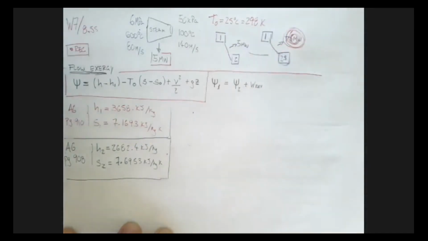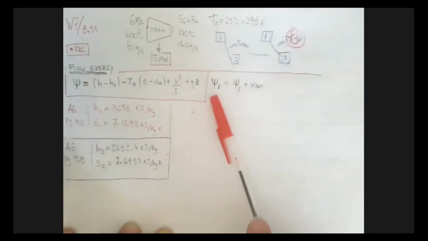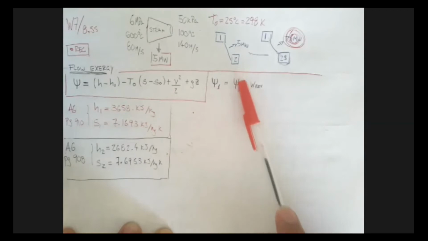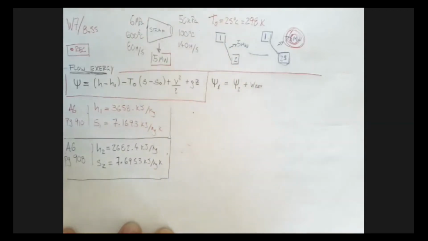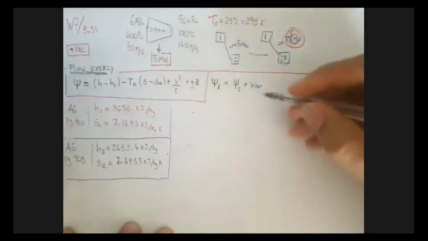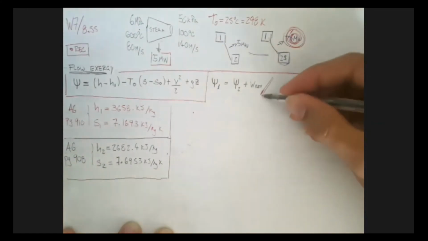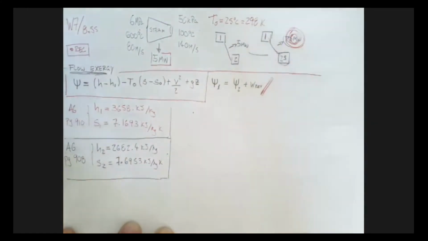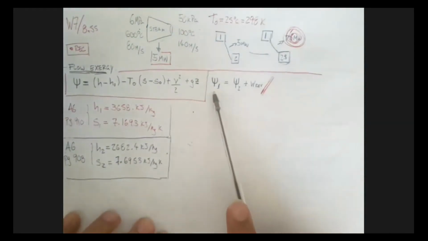This is all energy, right? My exergy on the first state has to be equal to my exergy on the second plus the reversible work. Now, look at this equation for a while, because it's not as trivial as it looks. There's a lot going on here.